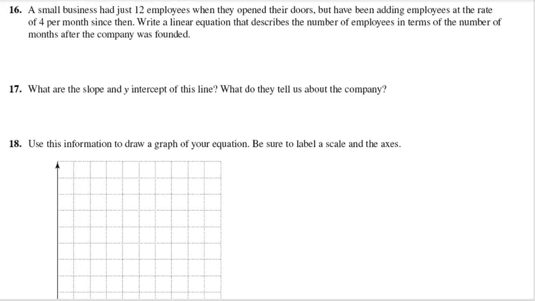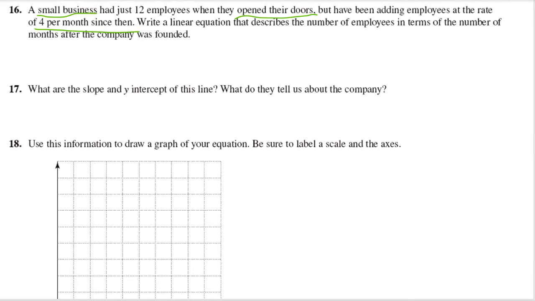A small business had just 12 employees when they opened their doors. Okay. Open their doors, that indicates the start of the business, but have been adding employees at a rate of 4 per month since then.